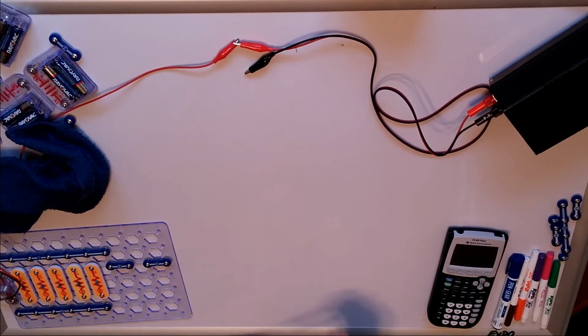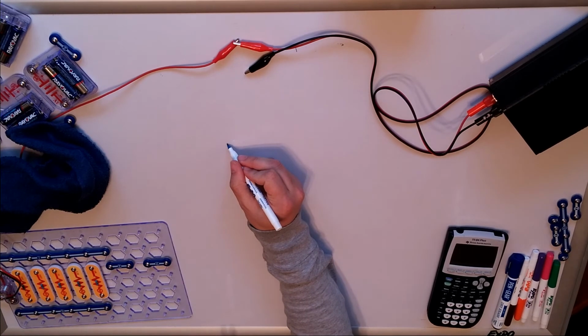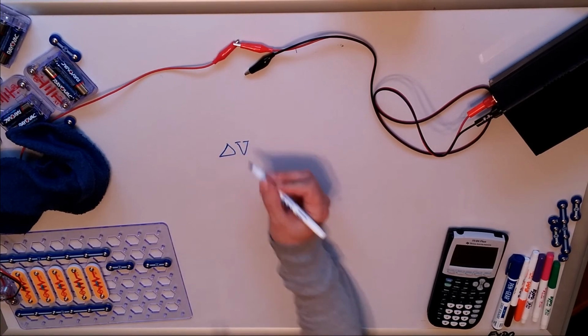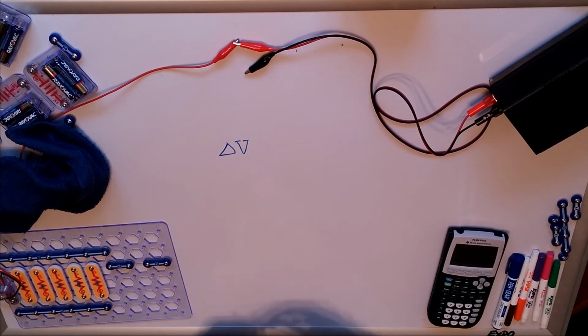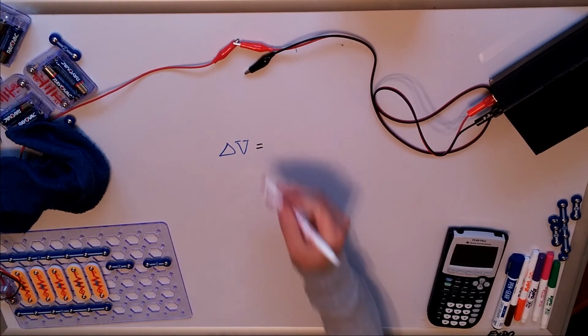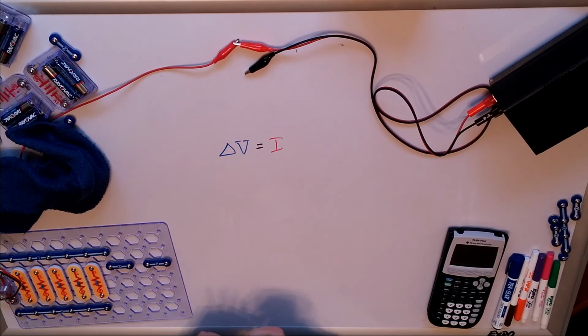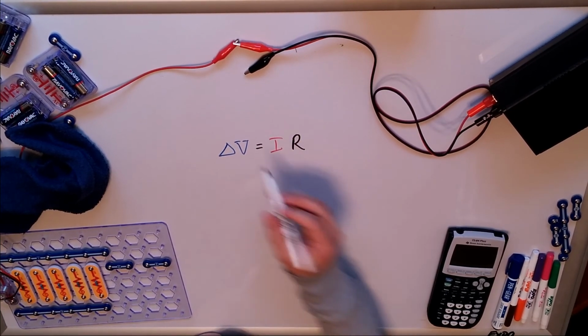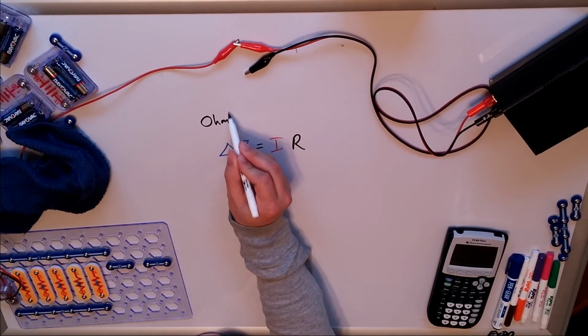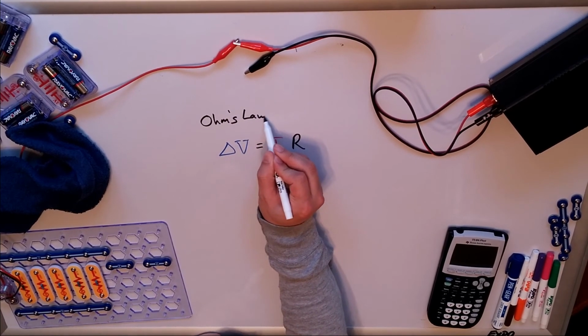Ohm's Law is best represented, at least the way that I prefer, as delta V, our potential difference, is equal to our current, I, times the resistance of the resistor, R. So this is Ohm's Law. And this is how we're going to see it in my class.